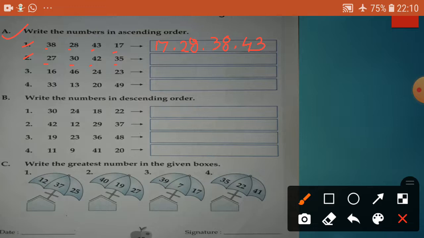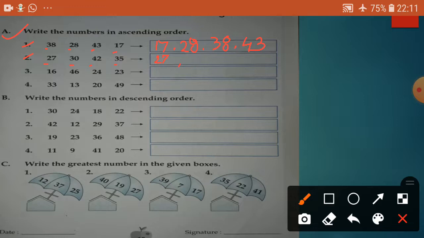So 27 I write here first. Next see 30, 35. Same tens, 3 tens, but ones is different. See, 0 or 5.